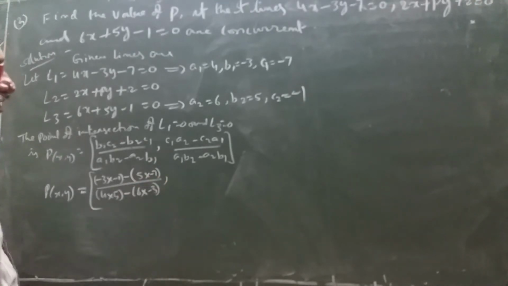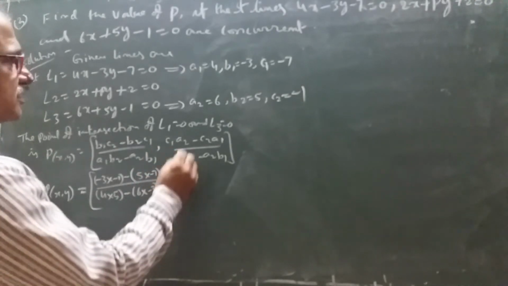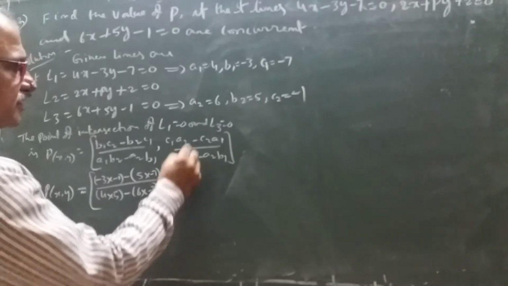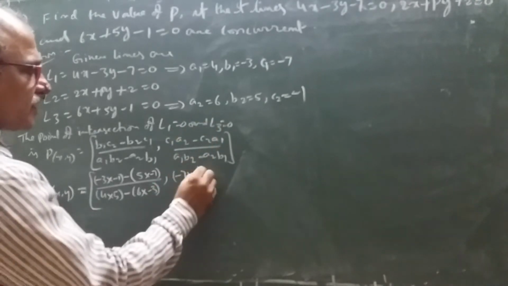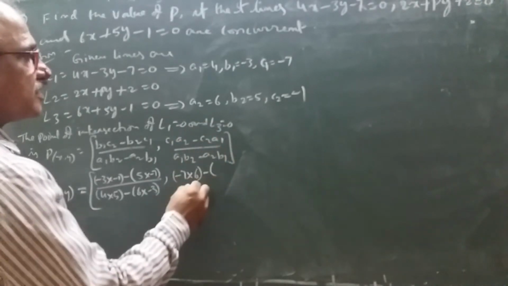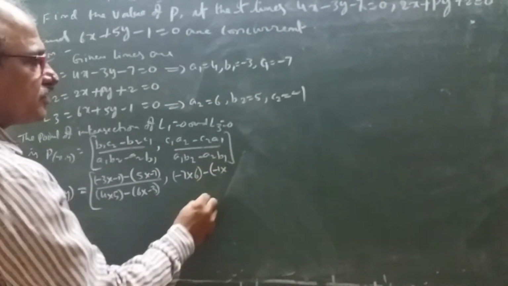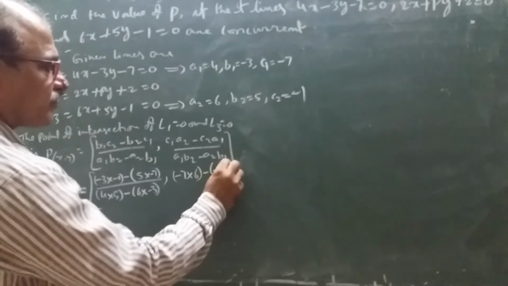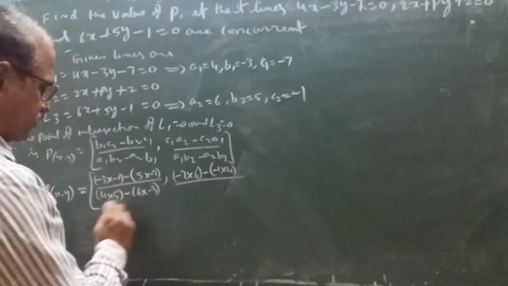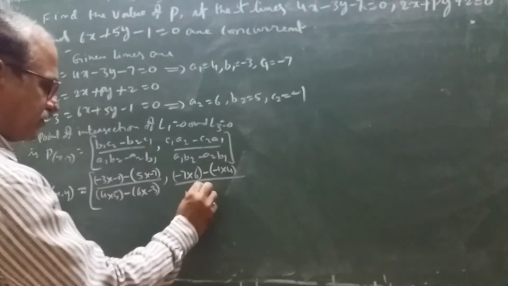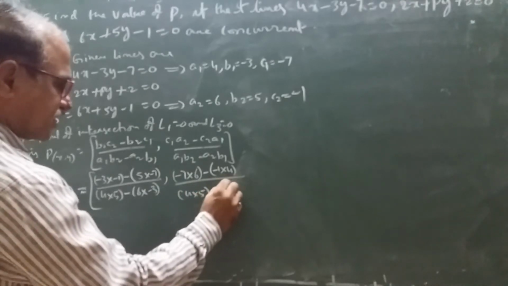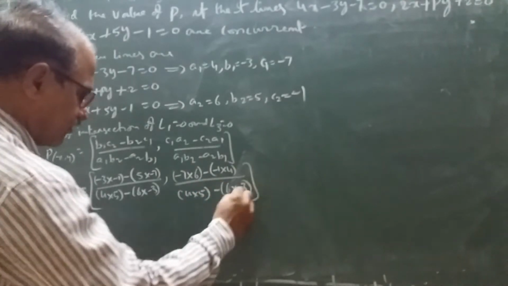Similarly the y coordinate, C1 A2. What is C1? Minus 7 into A2, 6, minus of C2 A1. What is C2? Minus 1 into A1, that means 4, by A1 B2, 4 into 5, minus of 6 into minus 3.